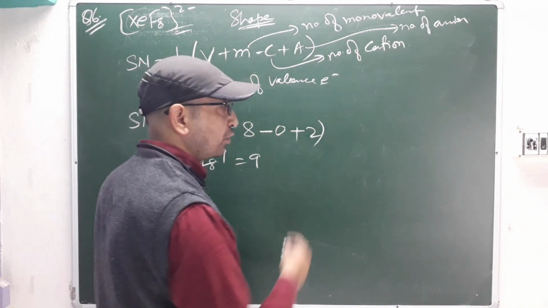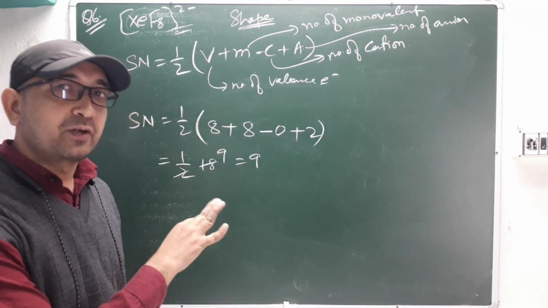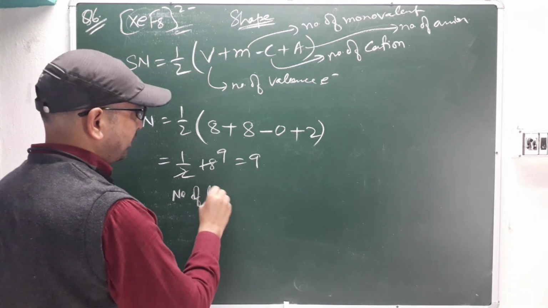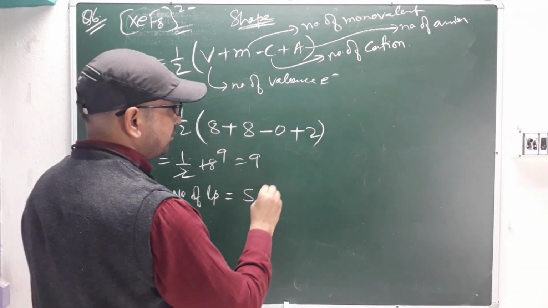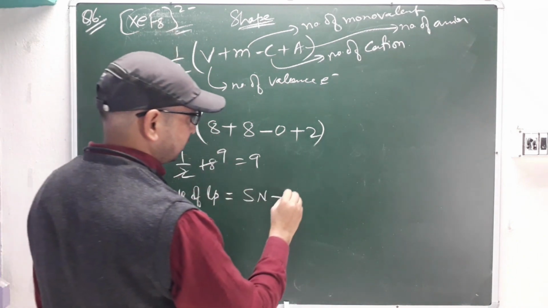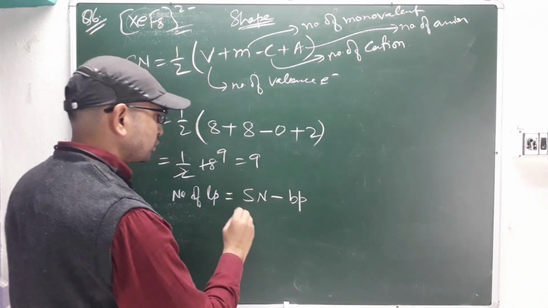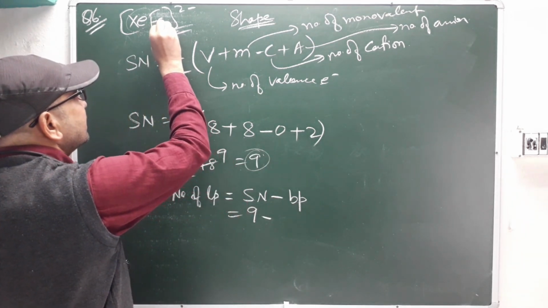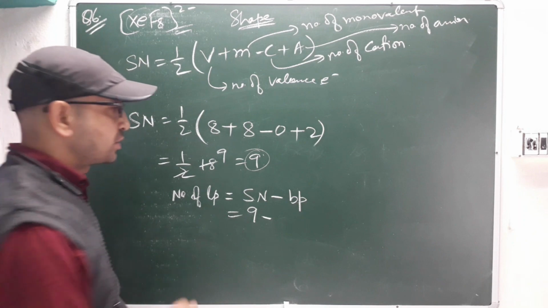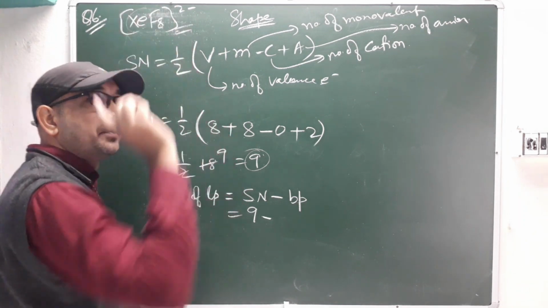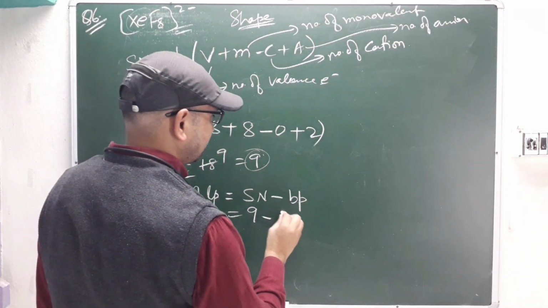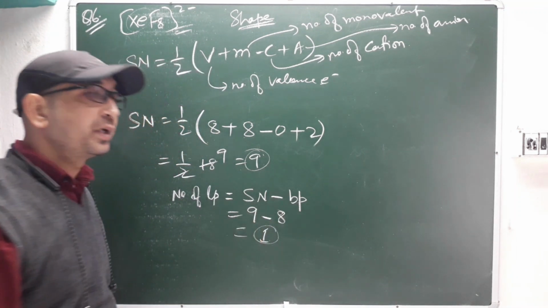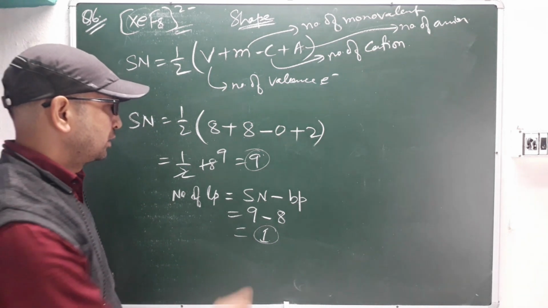If you want, we can draw it, but it is not required. You just see what is happening. Calculate the number of lone pairs. Number of lone pairs is steric number minus number of bond pairs. Steric number is 9 minus how many bond pairs are there? 8, correct? Because here as many monovalent atoms are there, that many bond pairs will be there. So 9 minus 8 equals 1. So one lone pair is there, so that lone pair you have to deduct from this 9.